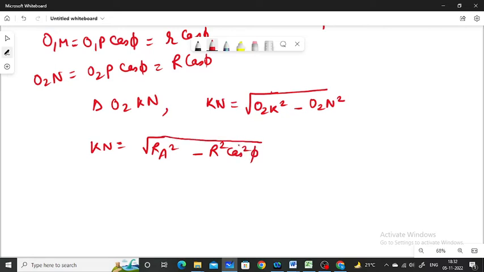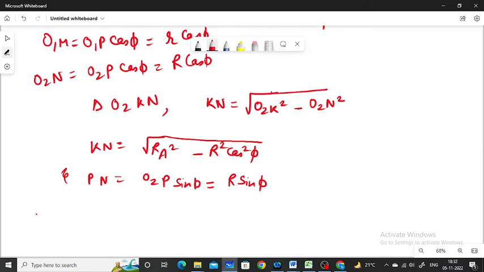And PN equal to O2P sin phi, equal to R sin phi.